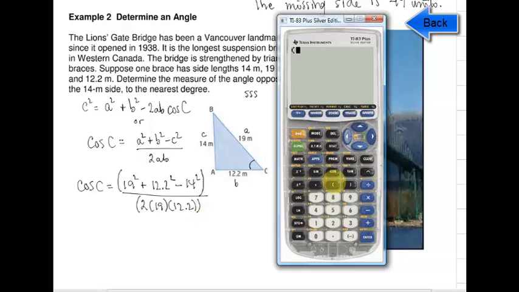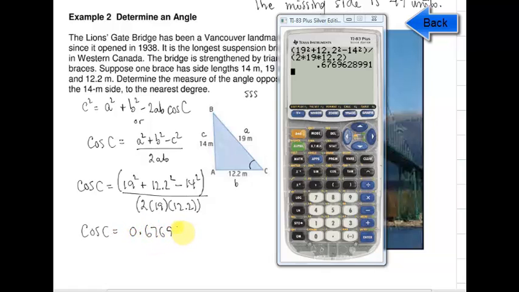So bracket 19 squared plus 12.2 squared minus 14 squared, divided by bracket 2 times 19 times 12.2, and you get 0.67696. So cos of C is equal to 0.67696 dot dot dot.